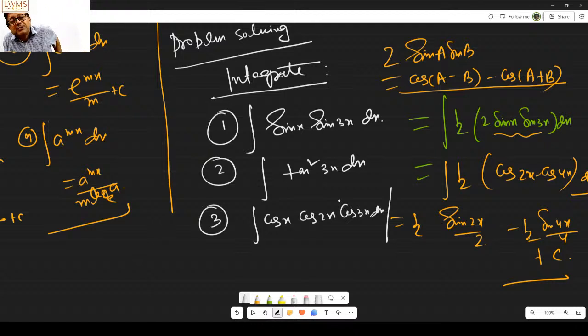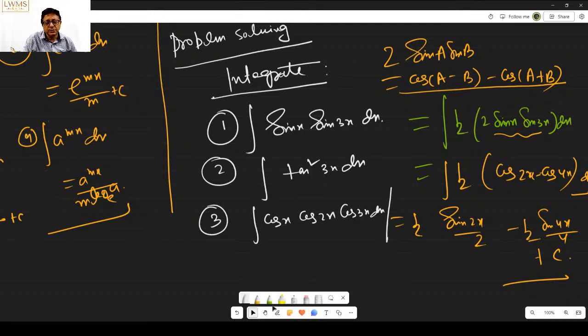Here you can use those formulas or not, because product rule is not defined. What is not allowed? What have I told? Product rule is not there.